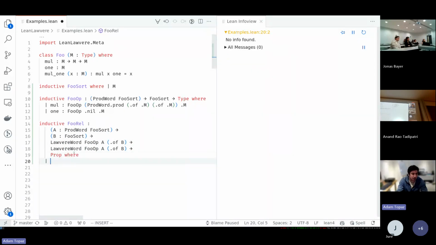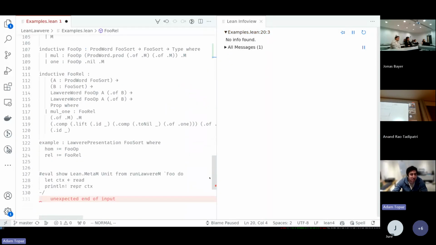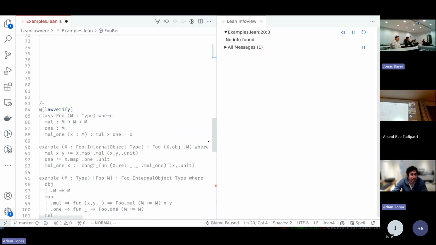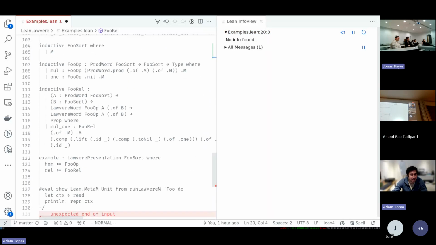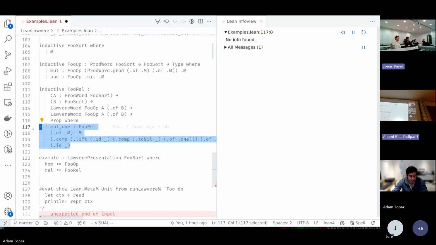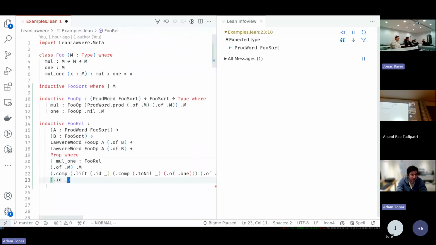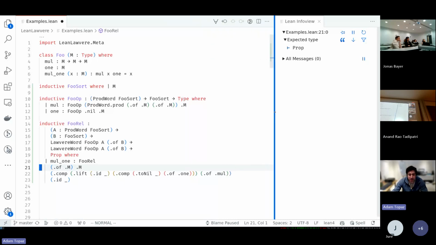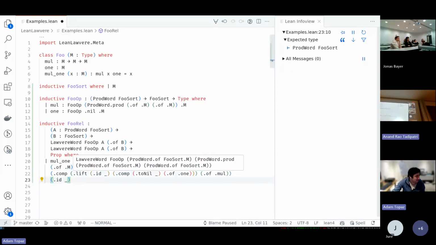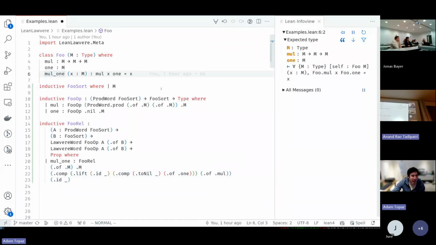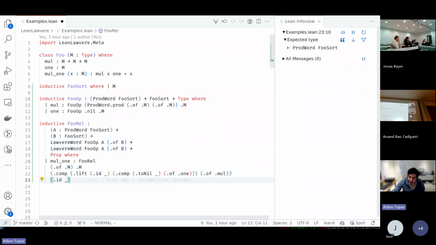And let me go down to my cheat sheet because this one is a bit tedious to write down. Okay, so just for the sake of time, this is how you would formulate the mul one axiom with respect to these Lawvere words. And you see it's not very convenient, right?